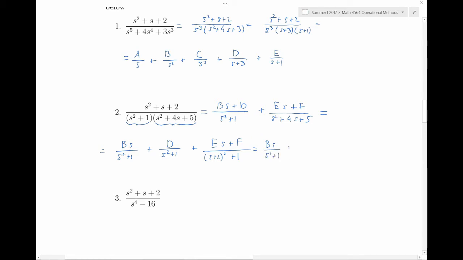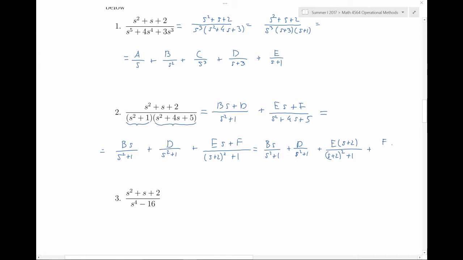So I'm going to copy the first two fractions. And I'm going to use the magic of mathematics to break the last fraction into something with s plus 2 in the top.